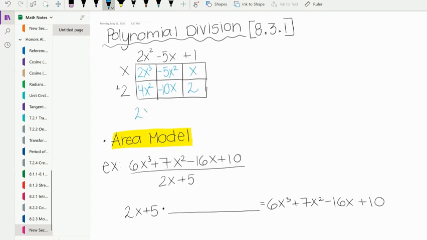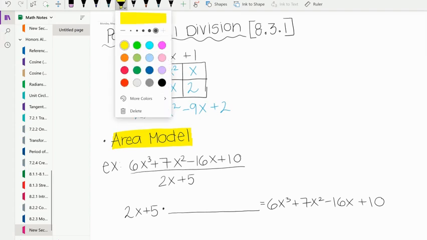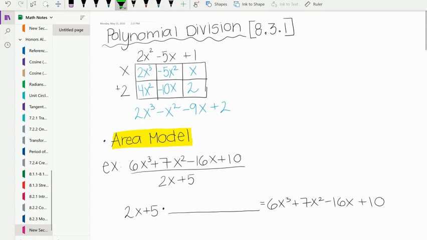The first one stays the same. Then we have 4x squared minus 5x squared, which is negative x squared. Negative 10x plus x is negative 9x. And then we just have 2. Looking at how I'm going from the problem to the answer, we can see a couple of important things that will help us with dividing.